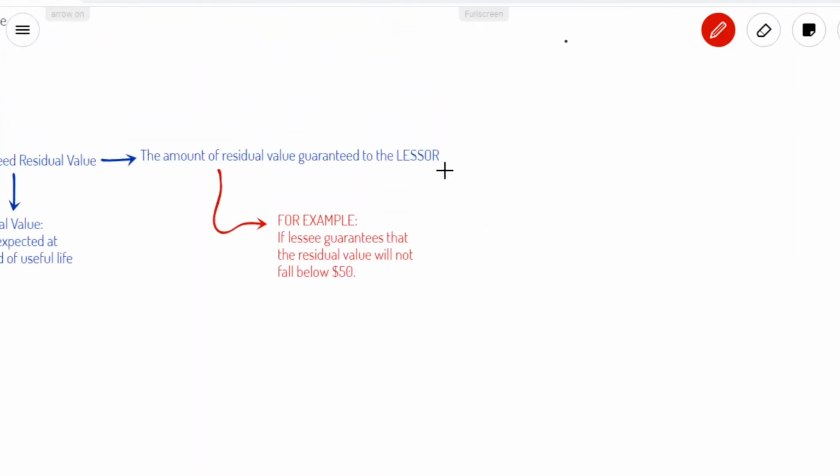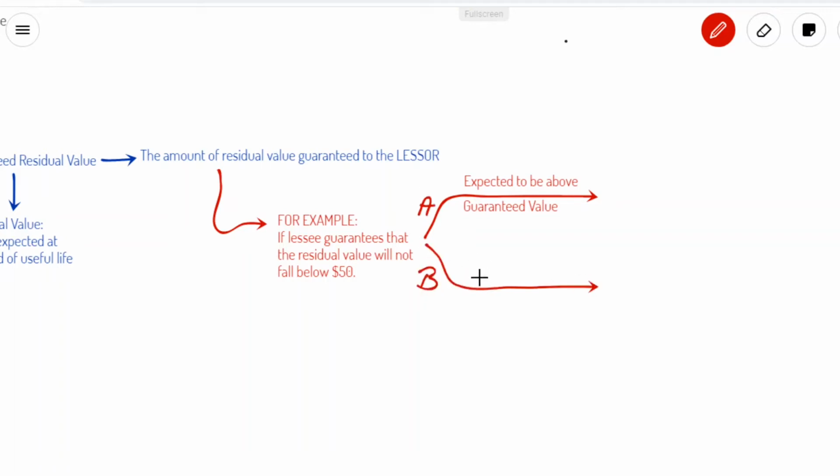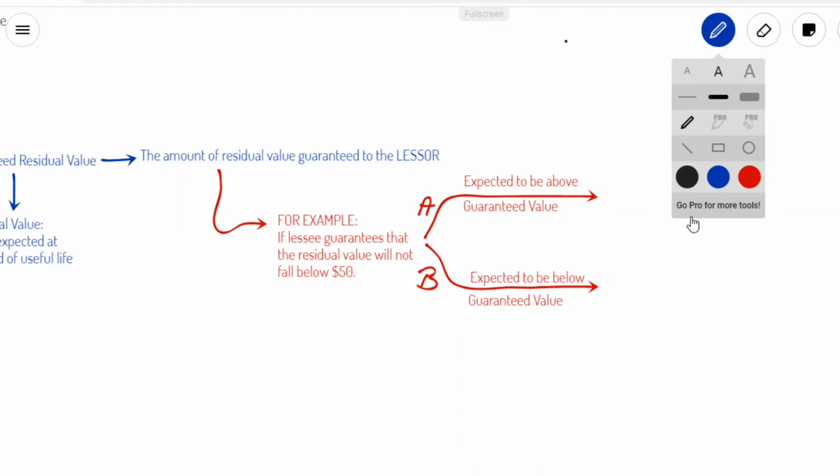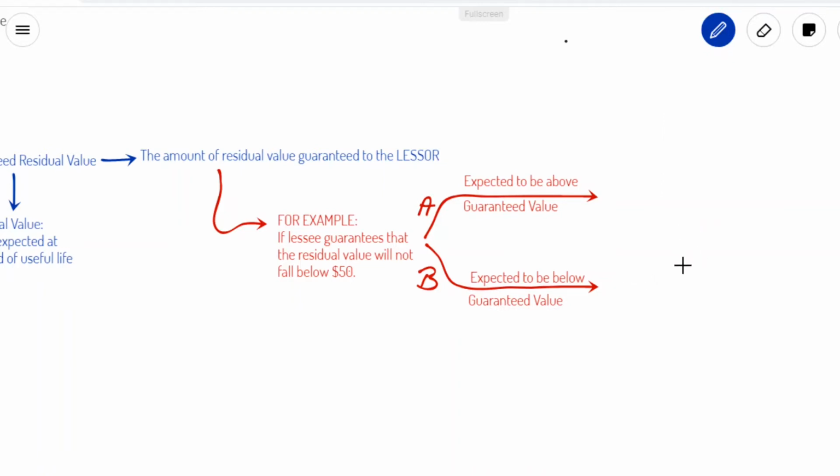We will think about two scenarios. First is when the residual value at the end of the useful life might be lower than the guaranteed amount, and the second scenario would be when the residual value may be higher than the guaranteed amount. For example, if the guaranteed amount is $50, that the lessee has guaranteed the lessor that if the residual value falls below the $50, I would pay the remaining amount.